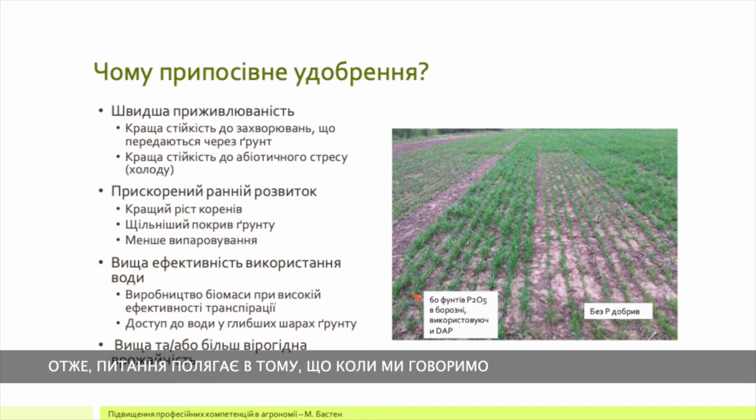So the question is, of course, when we talk about starter fertilizer, we know phosphorus is important, but why is it important, and maybe what other nutrients are important to have in a starter fertilizer to get the objectives you will see on the left-hand side.